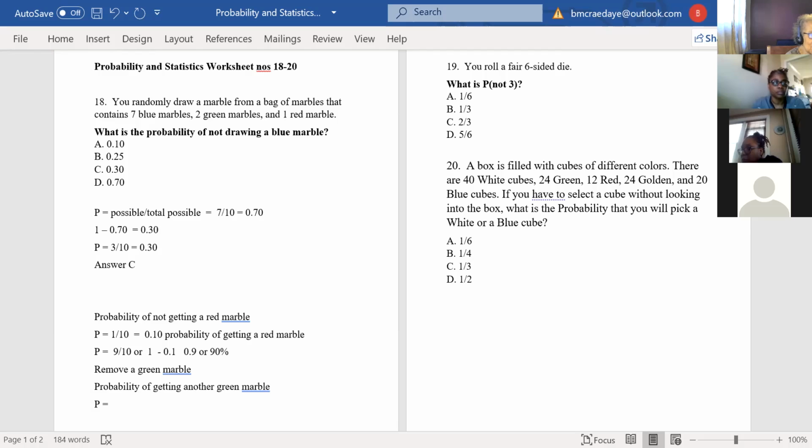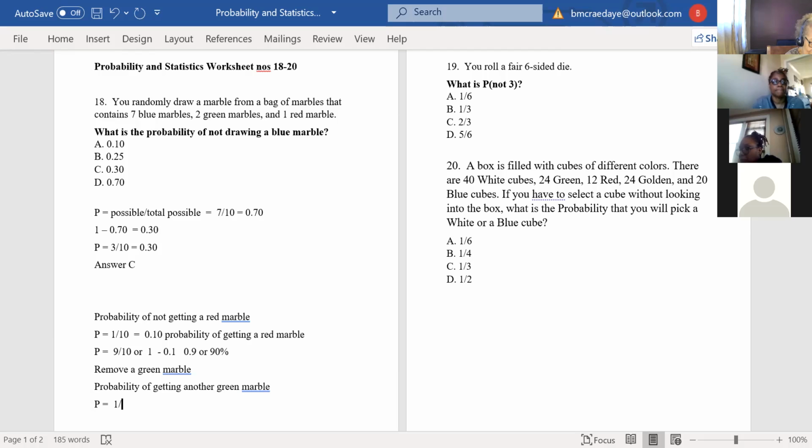What's the possible green if I take 1 out, Vanessa? If you take 1 out, you would only have 9 remaining. How many green would I have? You would only have 1. You'd have 1, right? And then what's my total? You said it. 1 over 9. That's it.